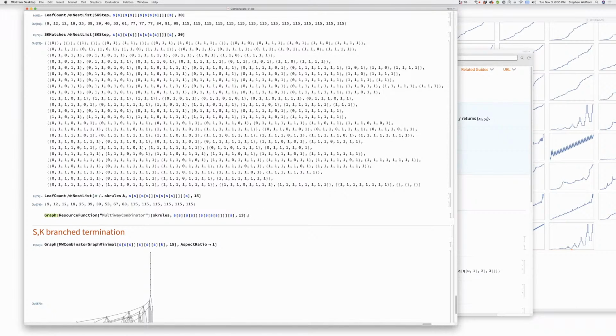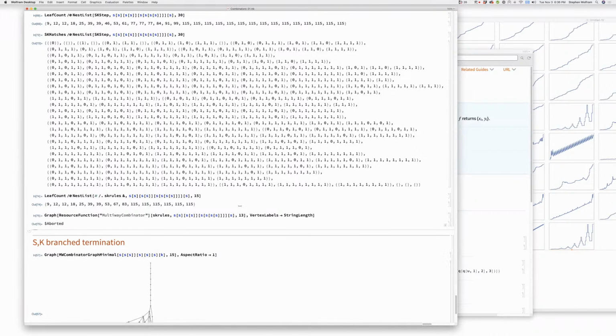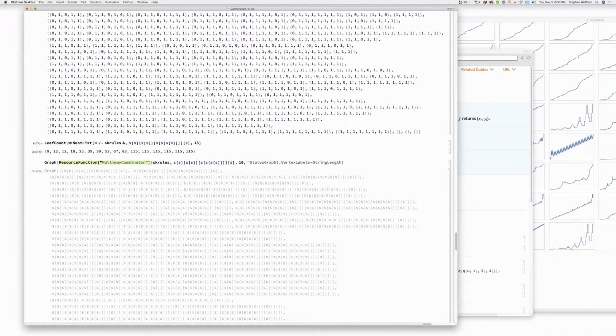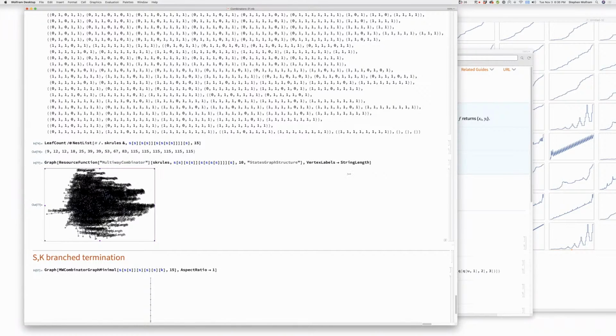I wonder if this will work. I don't know if this will work. Let's just do 10 steps. Oh my gosh. Okay, well, here. Leaf count.